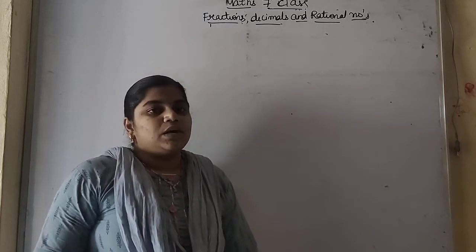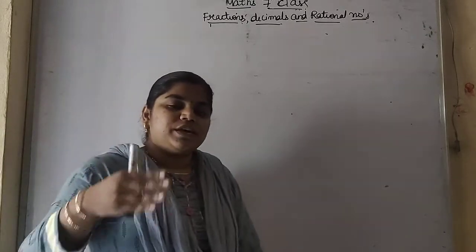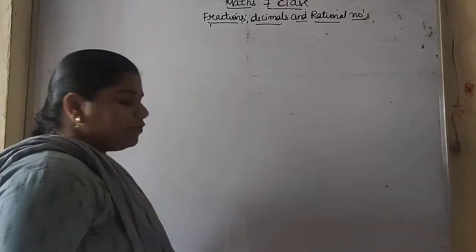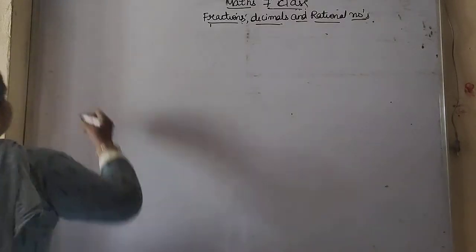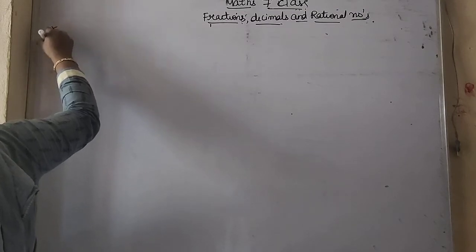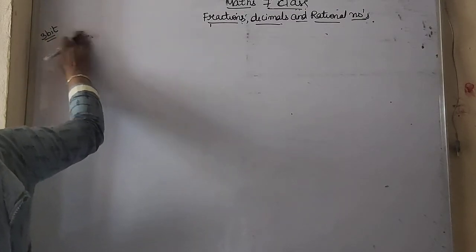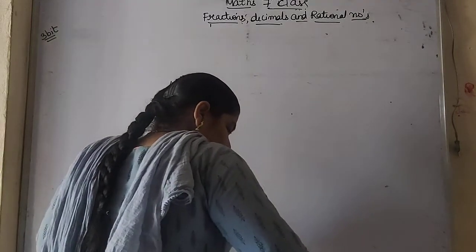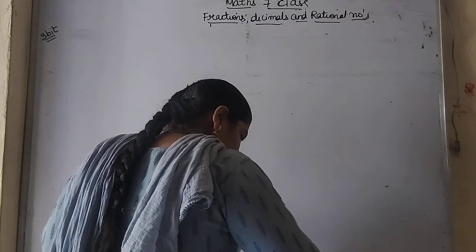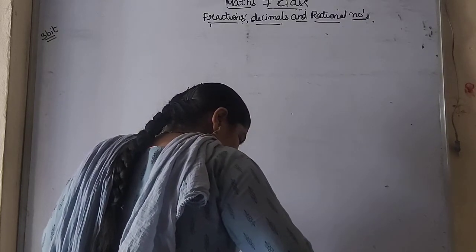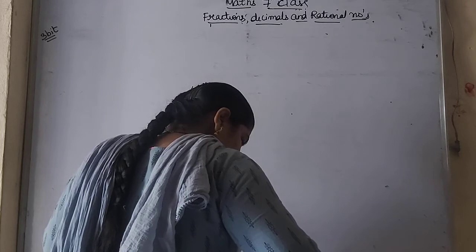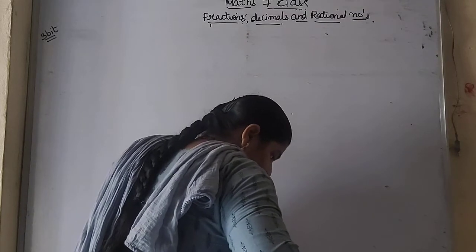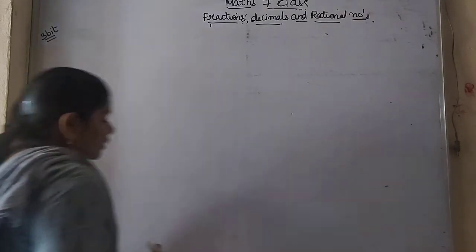So if you calculate the sum of rows, columns and diagonals, whether you are getting the same answer or not, we have to check. So first we will check for a row. First sum of rows I am taking.